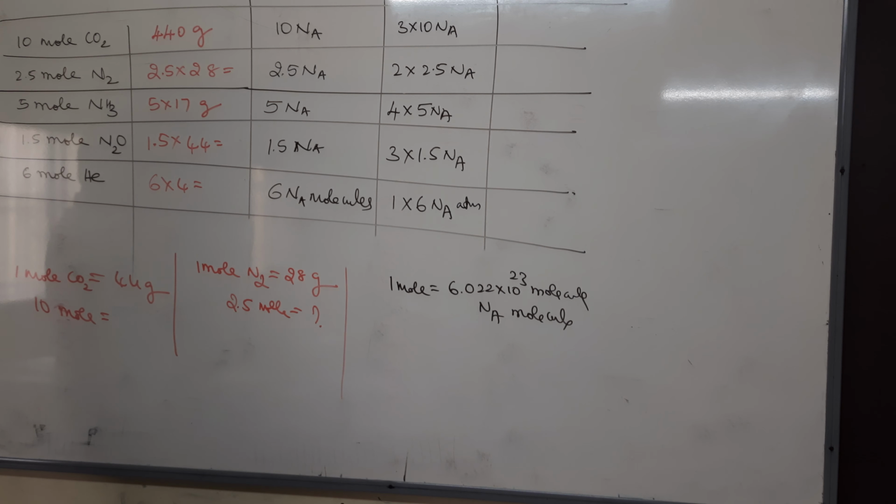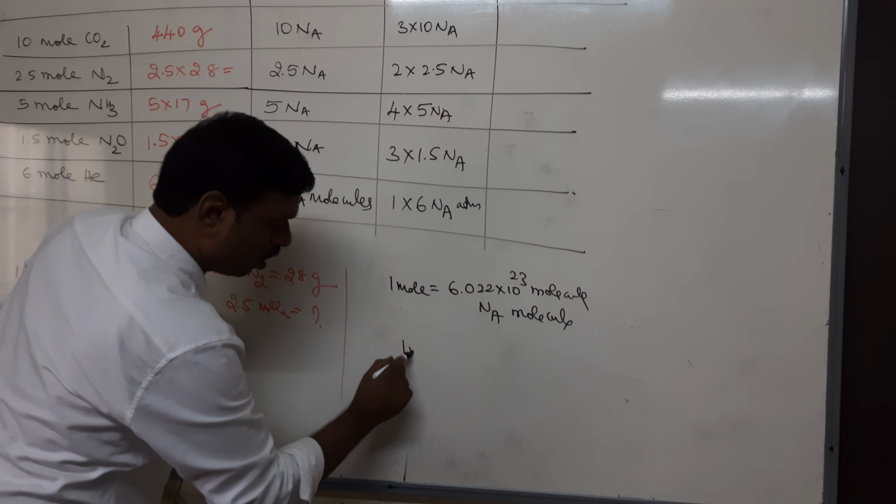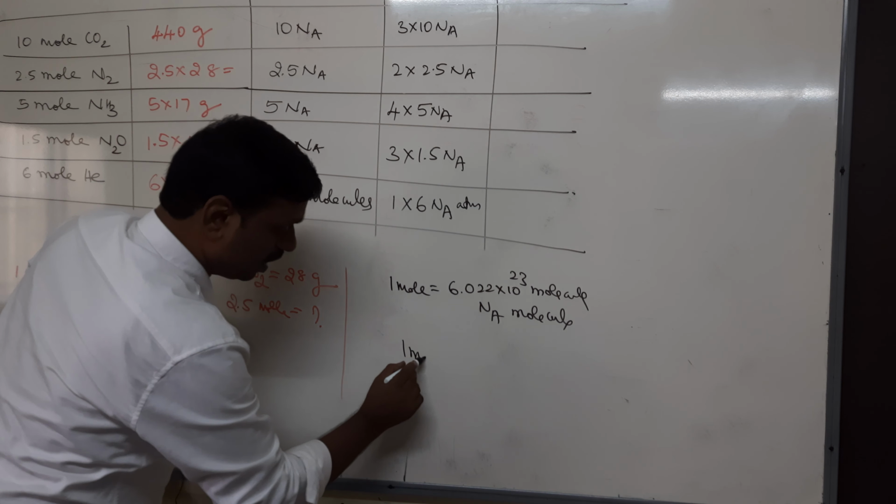Then volume. How do you calculate volume? We know that 1 mole of any gas can occupy 22.4 liters at STP. Right? At STP condition, 1 mole is always equal to 22.4 liters volume. Okay, but here given how much? How many moles here? 10 mole.